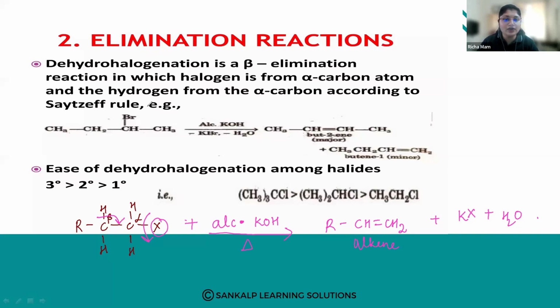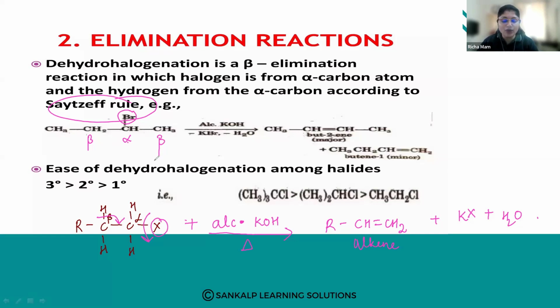Now what does Saytzeff's rule state? In this example, the carbon attached to the halide is the alpha carbon, and these are beta carbons. Now, from which beta carbon should the hydrogen be removed? Saytzeff's rule says that if a haloalkane contains more than one beta hydrogen atom, then elimination will take place according to Saytzeff's rule.